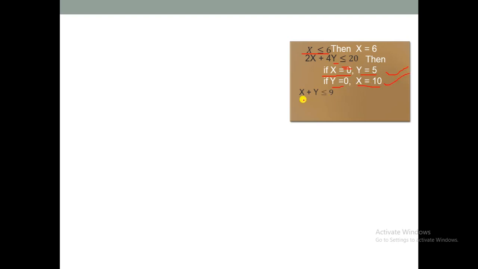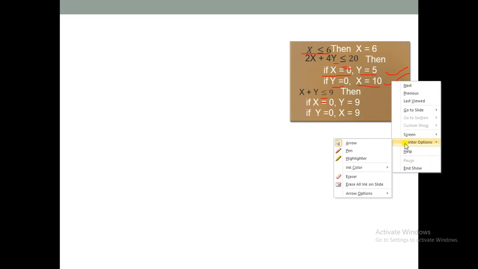Similarly, for the third constraint we are having x plus y equal to 9. First of all, we will convert into equality, x plus y equal to 9. Then once we put x equal to 0, we will get the value of y. Then we will put y equal to 0, we will get the value of x. So when we put x equal to 0, we will get y equal to 9. When we put y equal to 0, we will get x equal to 9.